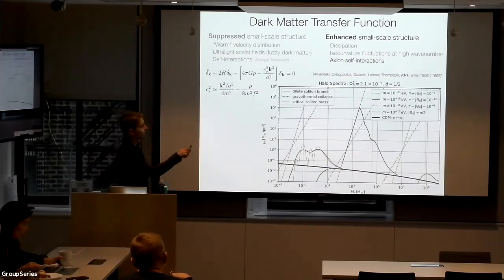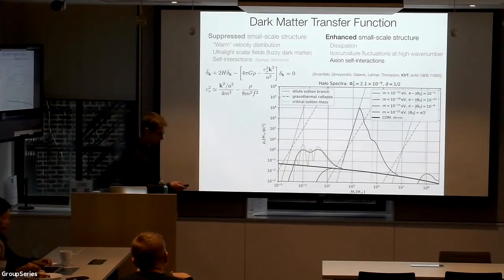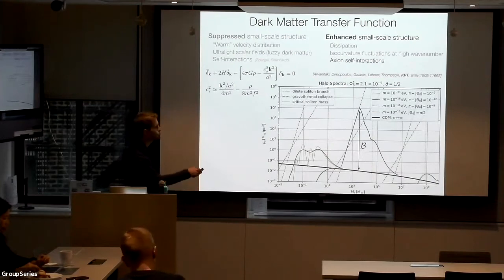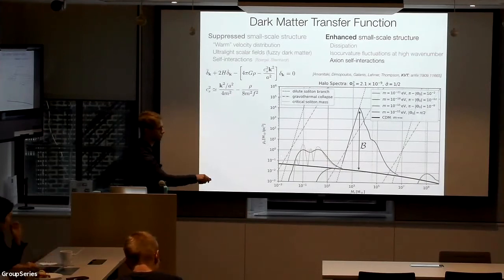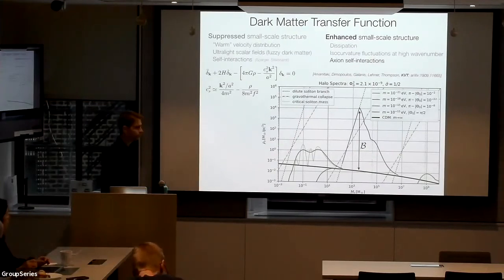However, there's a negative contribution as well from attractive self-interactions that can cause a huge boost in structure on small scales. So in this graph, I show you the scale density of a typical subhalo as a function of subhalo scale mass. So the black line is what you would expect in a cold dark matter scenario with the scale invariant power spectrum.